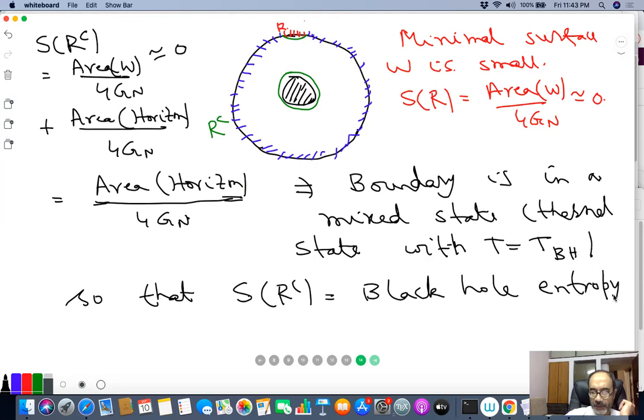RC is basically the whole region now: if R is shrunk to 0, RC is basically the whole of the boundary. And what this black hole entropy is counting is the total entropy of the boundary. So that's the interpretation of black holes in this picture: if you have a black hole geometry, then the boundary is not in a pure state, but in a thermal state.